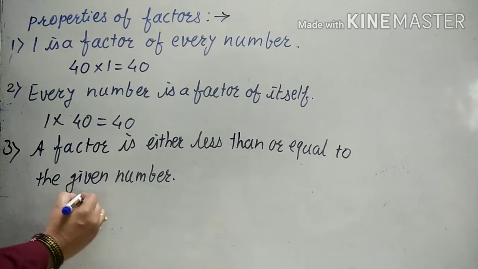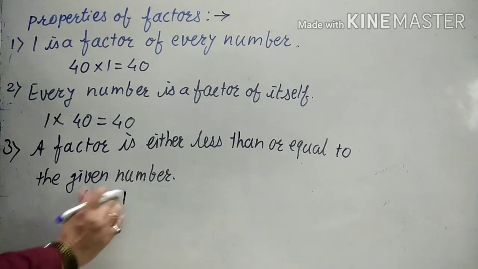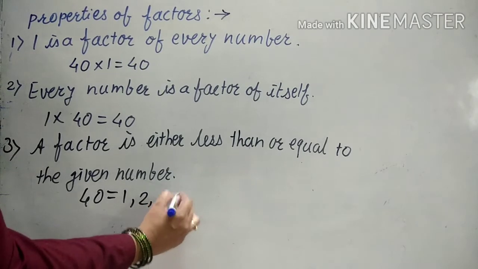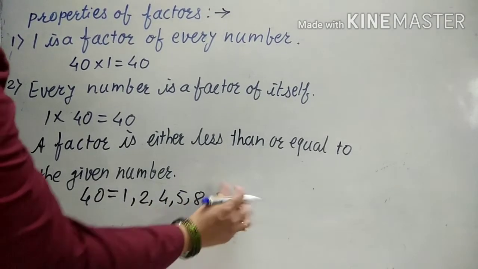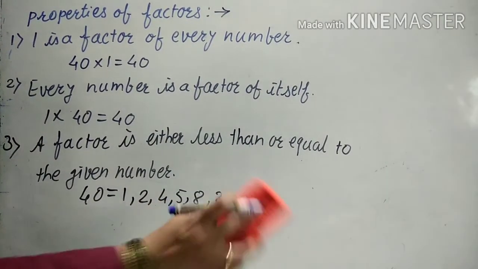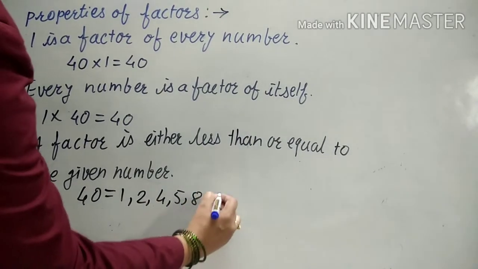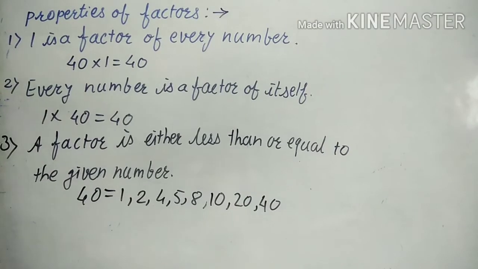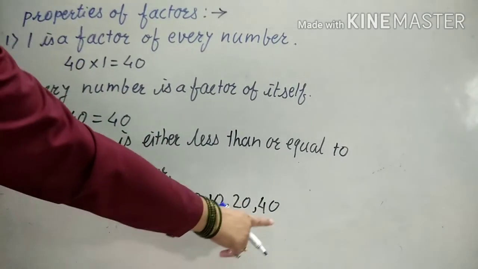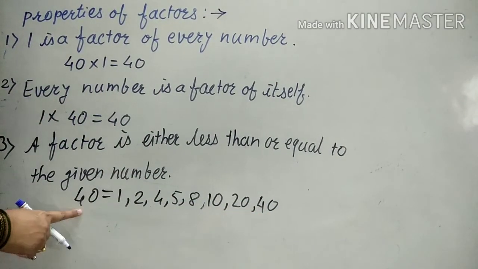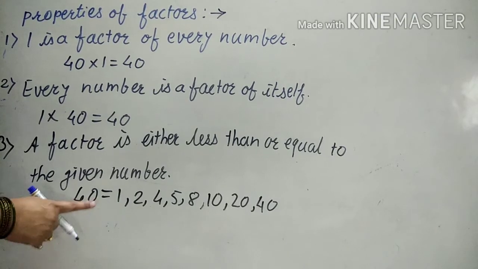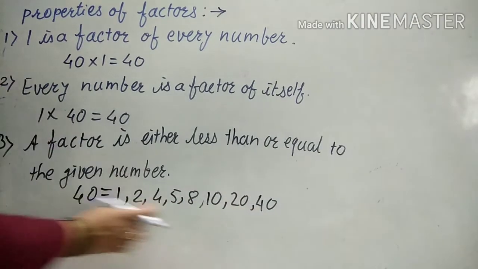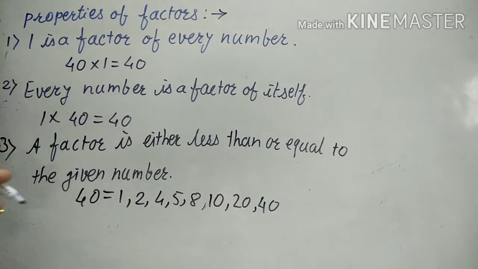When I am writing the factors of 40, see, 1, 2, 4, 5, 8, sorry, after 8, 10 is also a factor of 40, then 20 and then 40. So all these are the factors of 40 and all these factors are less than or equal to 40. So till 40 I am getting the factors only.